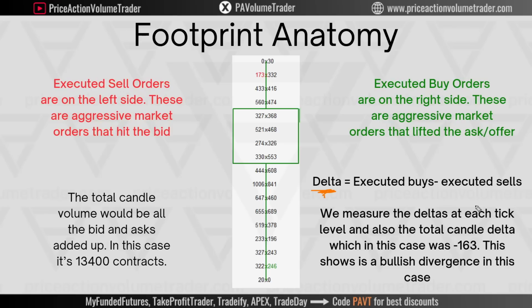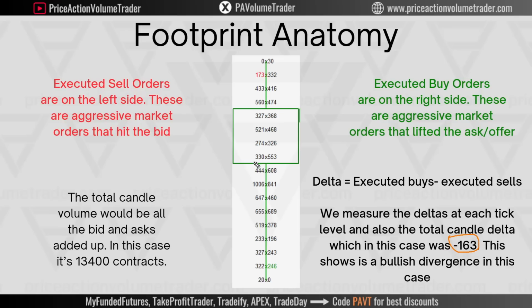We can measure delta at each tick level, or we can do a delta for the entire candlestick, basically by subtracting the sells from the buys at every price level. We just do each price level, buys minus sells, then we add it all up, and that's going to give us the total delta for this candlestick. In this case, this candlestick was a minus 163.